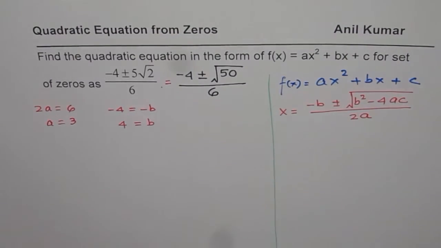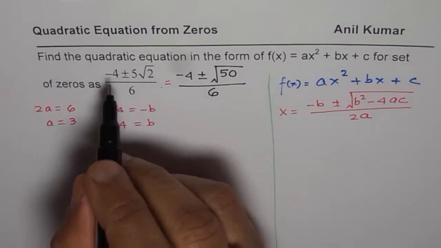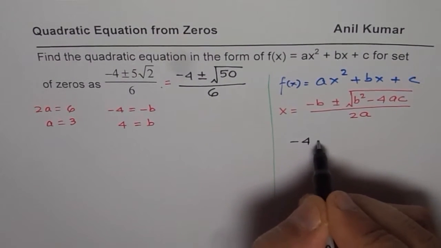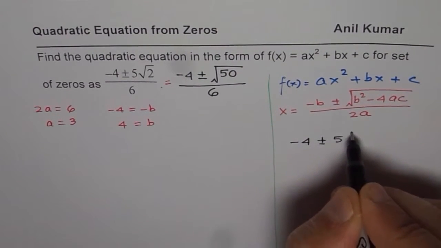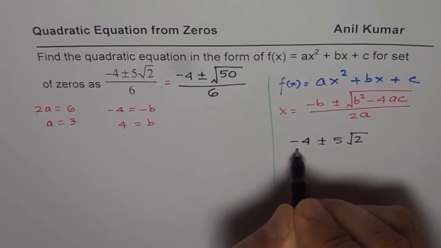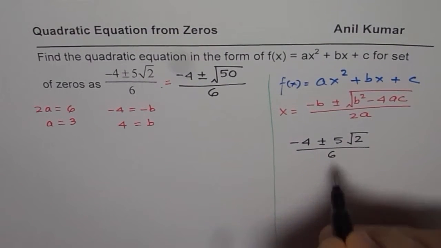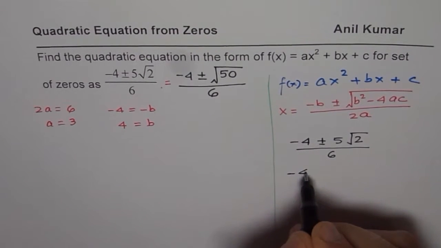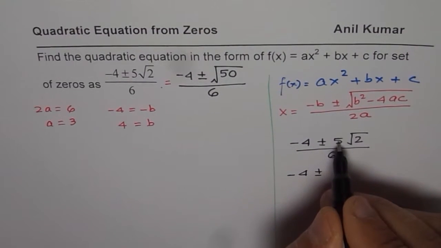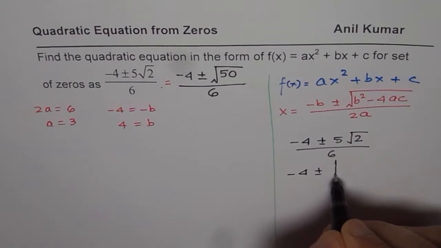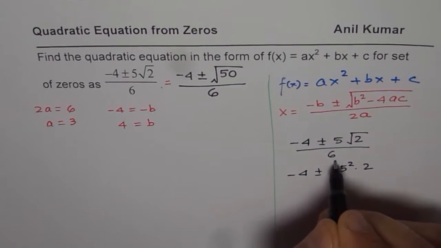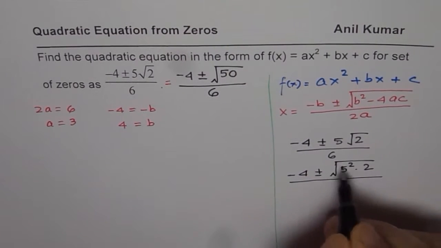Let me show you this work once again. We have here (−4 ± 5√2)/6. What we are doing here is writing this as −4 ±, and when I take 5 inside the square root, it becomes 5², and there's already 2 here, over 6.